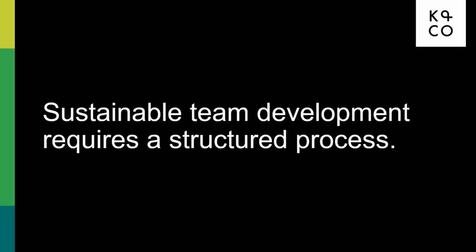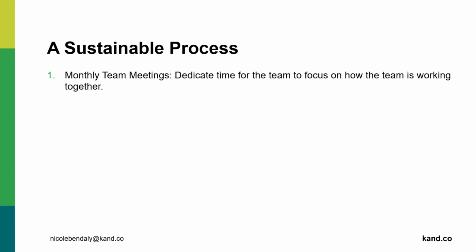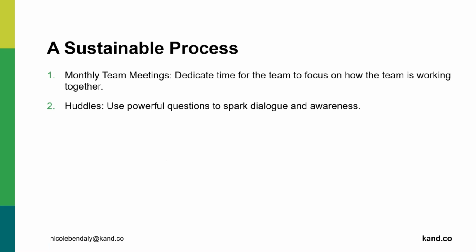Okay, now we talked about tools, but sustainable team development also requires a structured process, right? So let's look at that process. A sustainable process includes dedicating time for the team to have dialogue around the area that they're improving every month. So schedule time in a monthly team meeting to focus on how the team is working together.